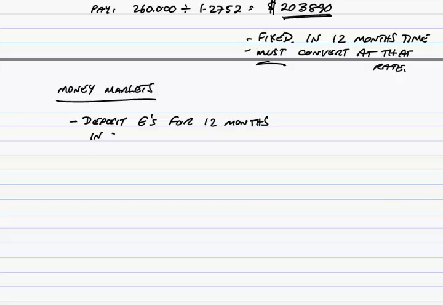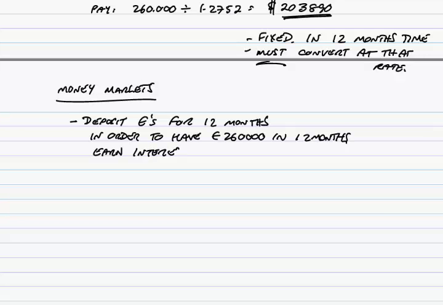In order to have 260,000 in 12 months. And the reason we won't need to convert the whole amount is, of course, we'll be earning interest at, what's the rate? We can earn 2.8% per year.